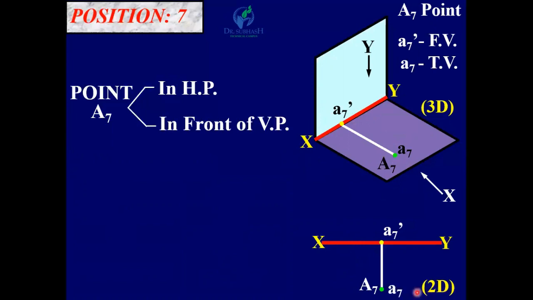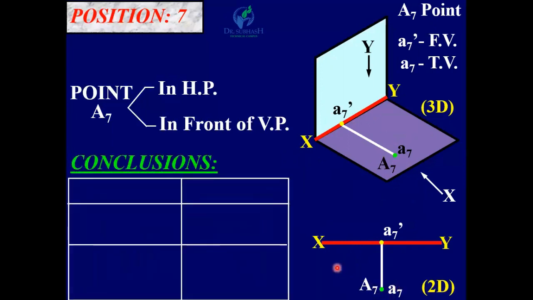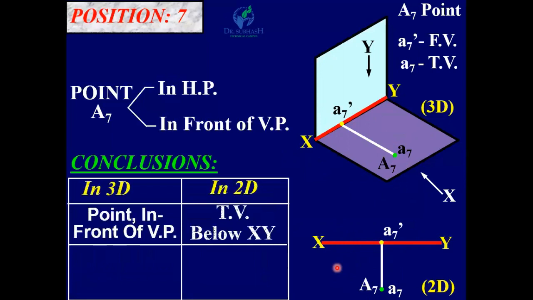So here you can see top view and original point are both the same and below XY line. So conclusion here, in 3D, point in front of VP, top view below XY, point in HP, front view on XY. Okay. Now let us see next position.